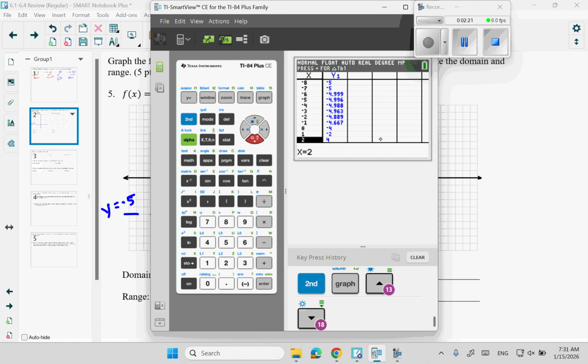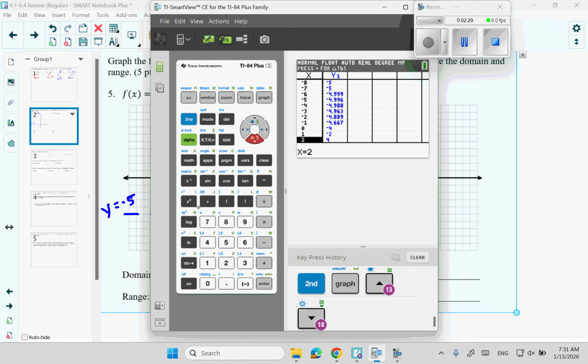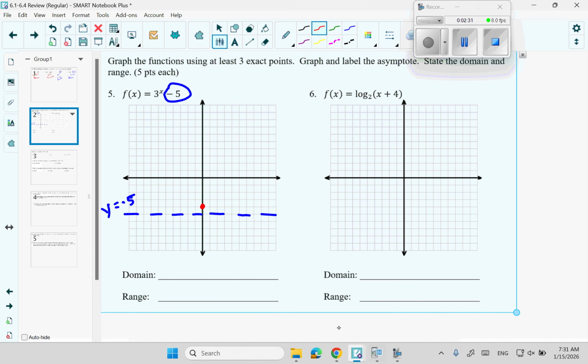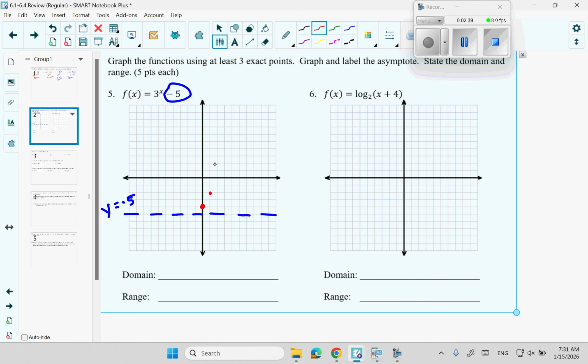So here are some good ones: 0, negative 4; 1, negative 2; and 2, 4. Okay, so this is an exponential, so I know that my range is limited because that's my asymptote right there, that negative 5, and it goes up, so to infinity, and my domain would be all real numbers.